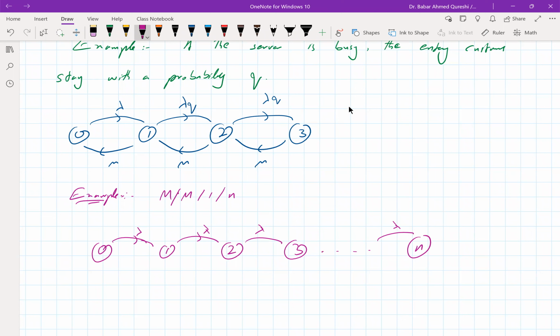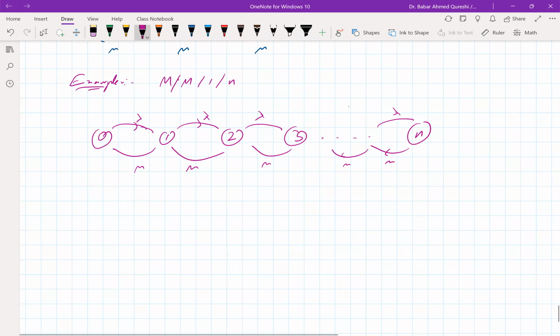So that's your finite limit. And again, this time it's a finite chain, so nothing much changes.